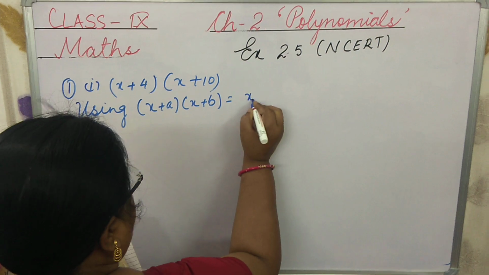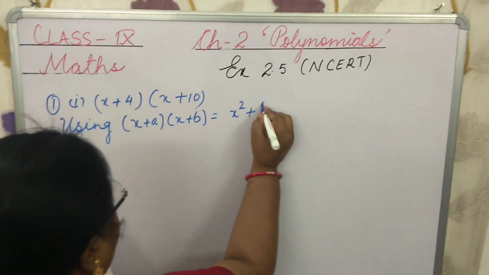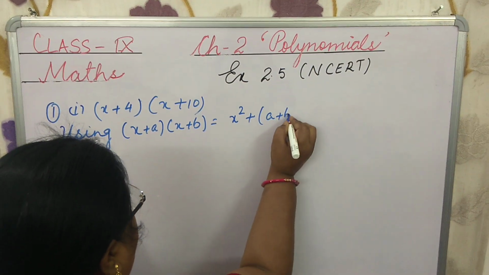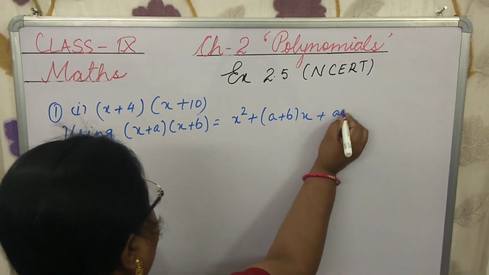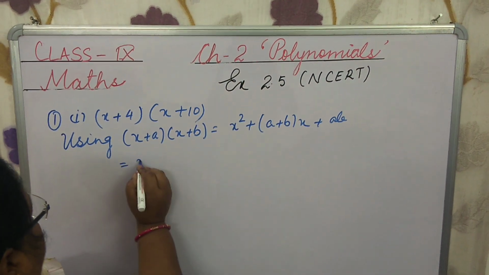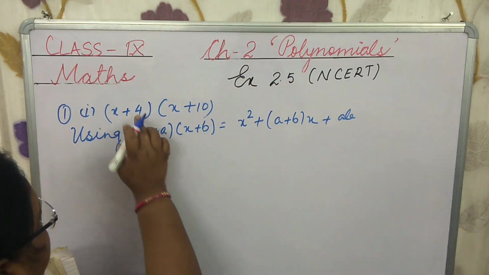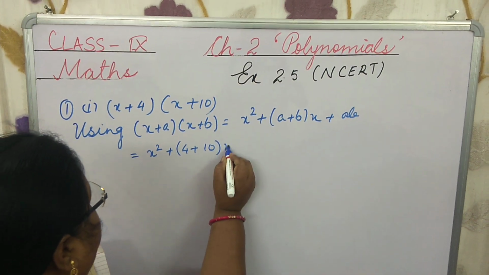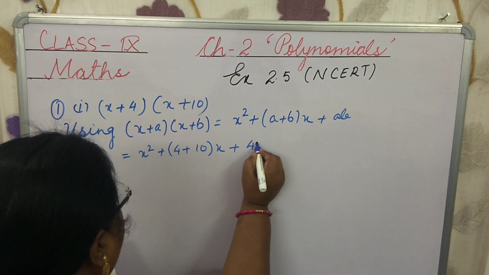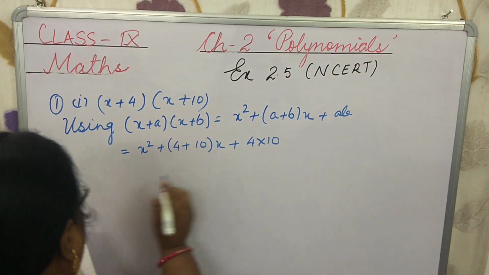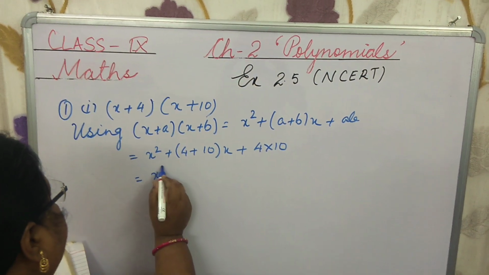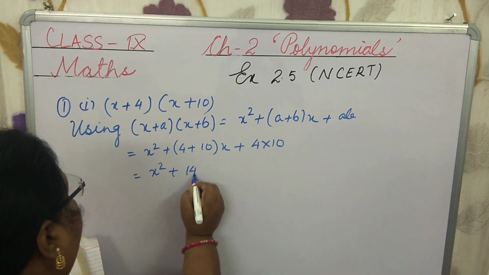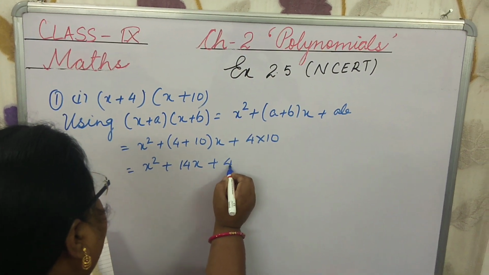So it is x² + (a + b)x + ab. Now what is a over here? 4. And what is b? 10. So x² + (4 + 10)x + 4 × 10, that is equal to x² + 14x + 40.